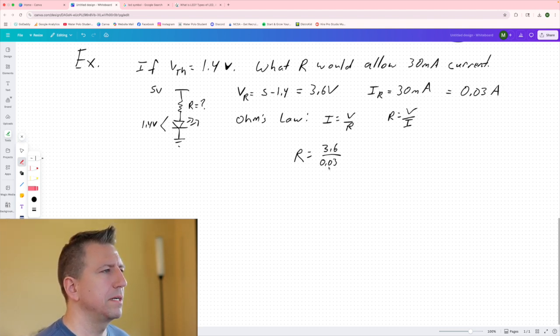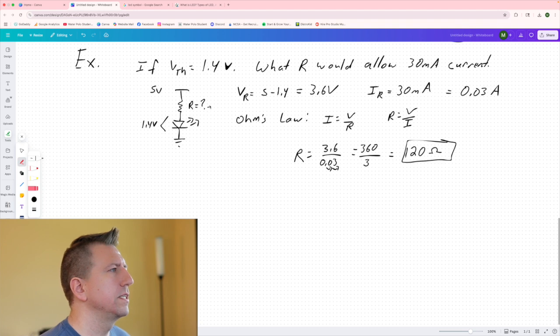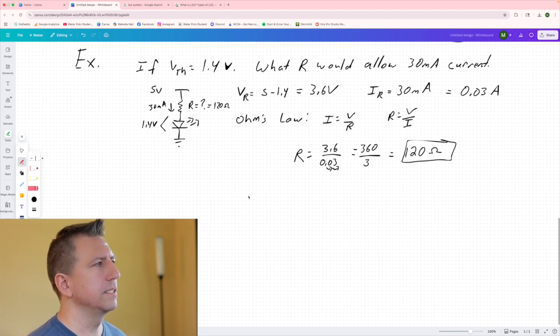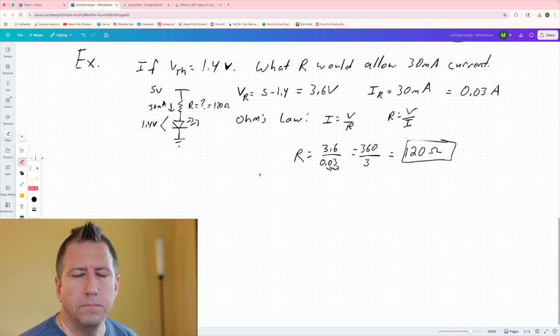Well, when we divide by 0.03, we can move the decimal place over 2 in both of these. So this is 360 divided by 3, which is 120 ohms. So there we have it. So a resistance of 120 ohms will give us a current of 30 milliamps through the LED and the corresponding brightness that would occur because of that.